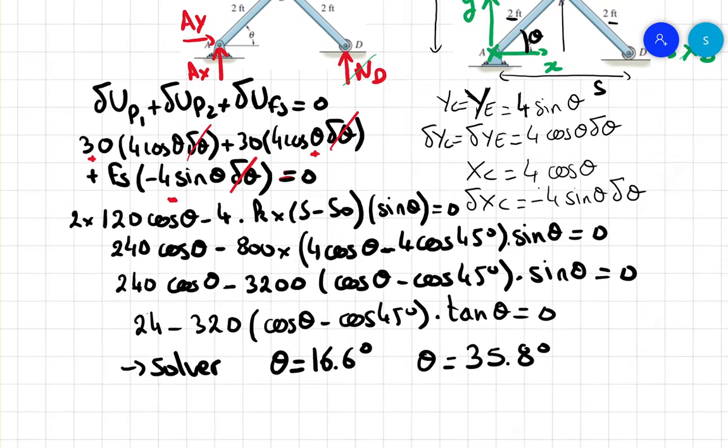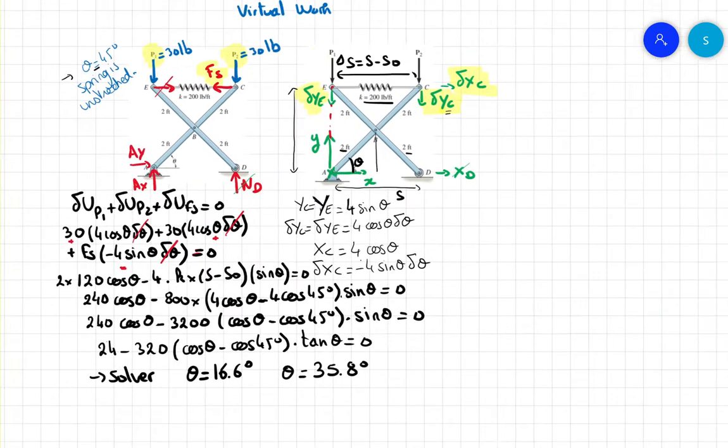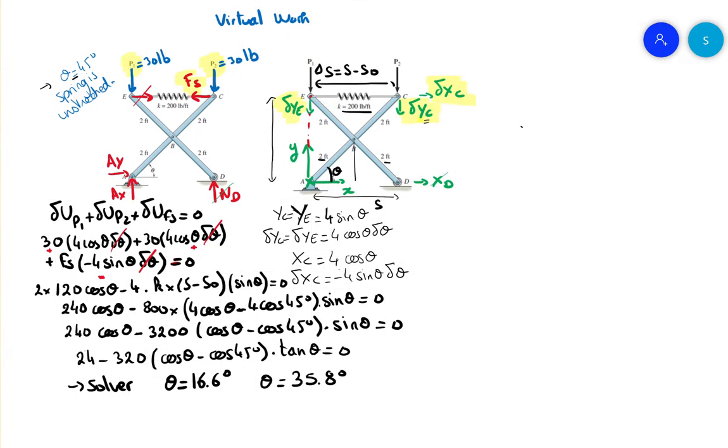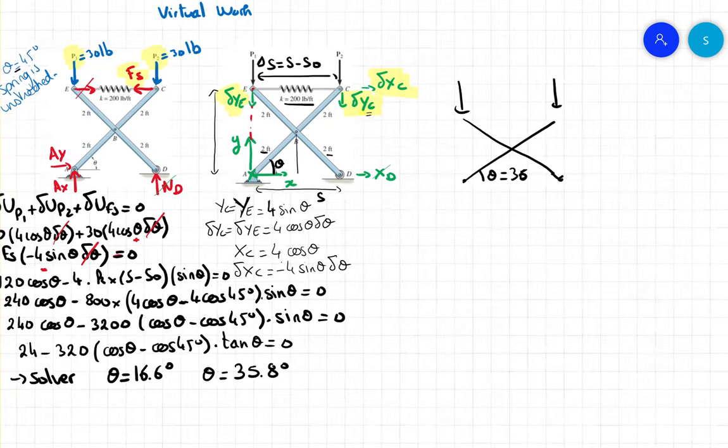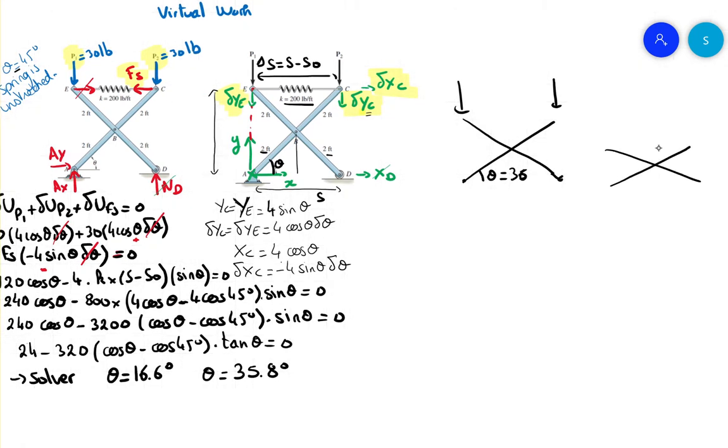So there are two positions of equilibrium for this problem. One with an angle theta of about 35 or 36 degrees, and one like this at your point A, which will be 17 degrees, with the same P.